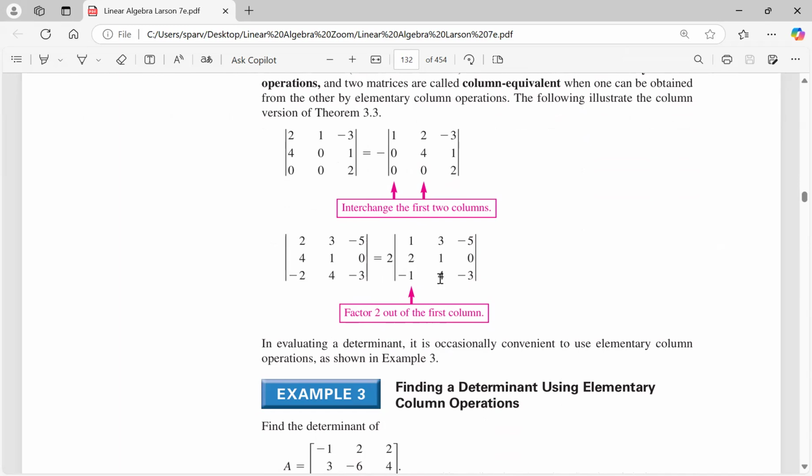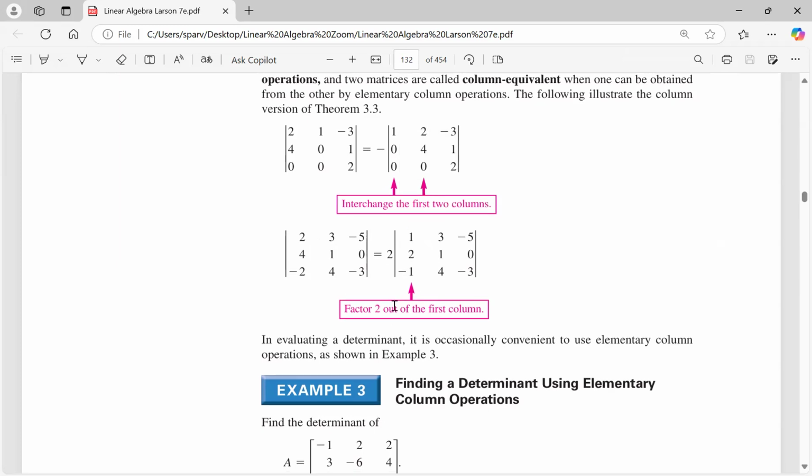So for this new matrix, the determinant is going to be twice. You have to multiply this by 2 in order to get the same results. So you can factor out from a column. That won't affect the determinant because you're going to multiply this back through.